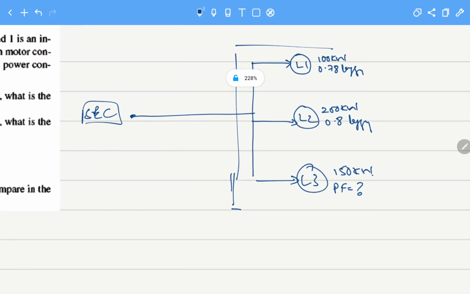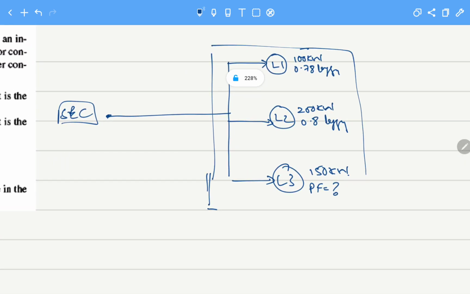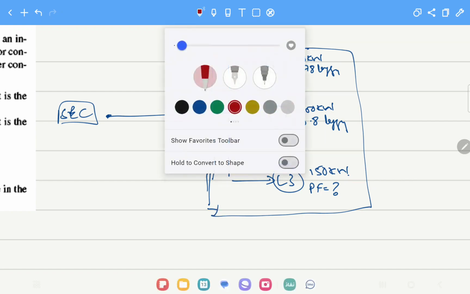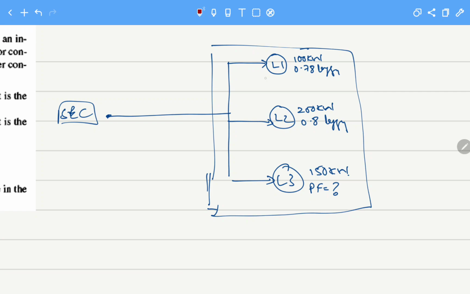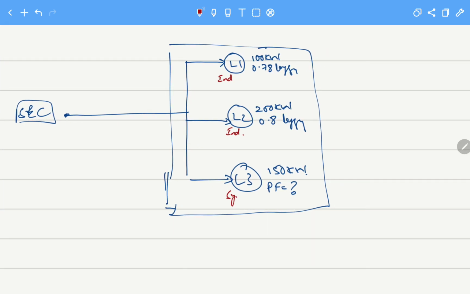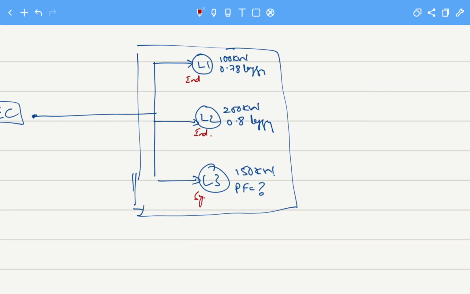So this is the scenario for our simple factory unit. Here we have an induction motor, here we have an induction motor, and here we have the synchronous motor L3. We must understand this phenomenon: the whole question lies on the power triangle.